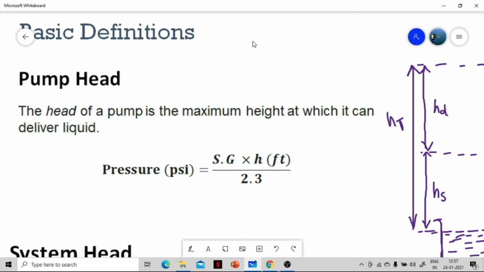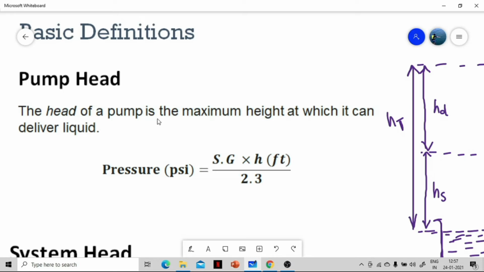They provide data in terms of head, because head is constant, and discharge pressure mainly depends on the fluid properties. If you want to use one pump for water and the same pump for milk, the head of these two will be the same, but the pressure will not be the same.